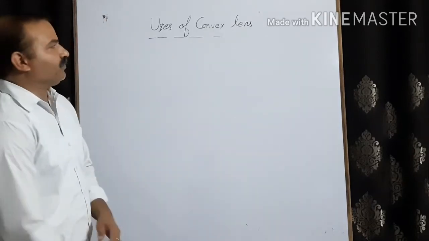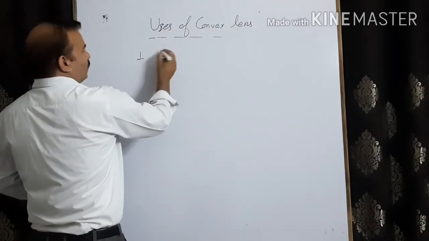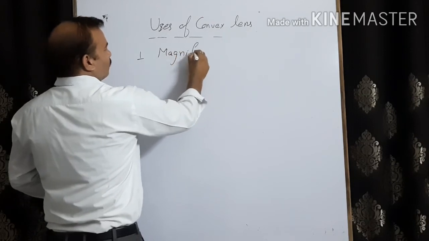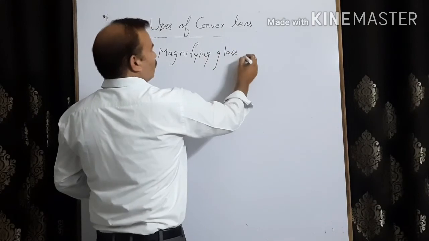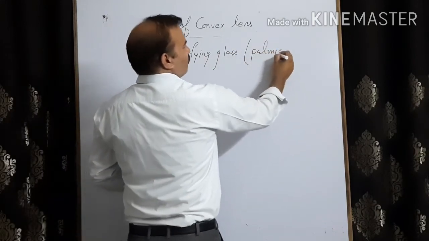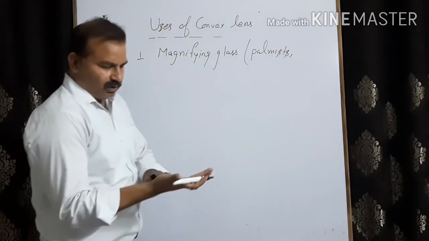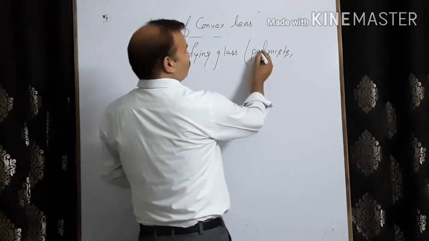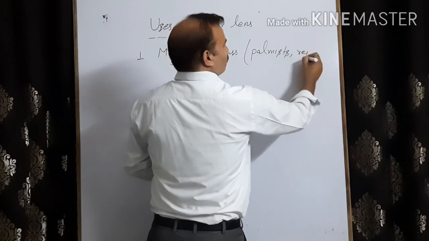Now next, the uses of the convex lens. The very first use of the convex lens is as a magnifying glass. They are used by the palmist, basically those who look in the hands and tell about the future. And next, by the person who repairs the watch.